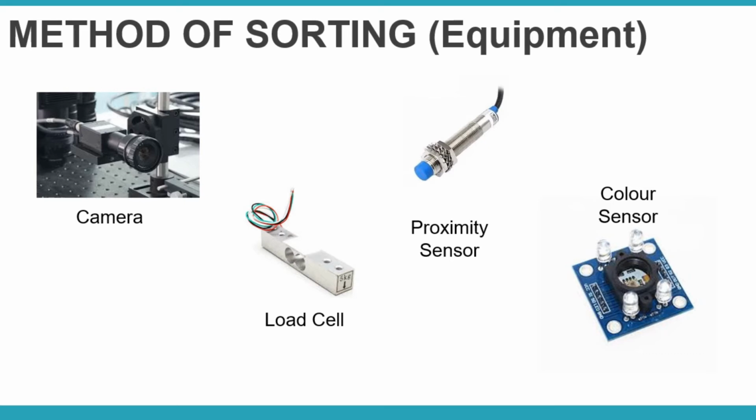Sometimes researchers use a camera to capture the items so that they can sort by color, shape or size. A load cell is usually used to sort goods by their weight, and the proximity sensor is usually an inductive sensor or capacitive sensor. An inductive sensor is used to detect whether the item is metallic or non-metallic, and the color sensor is used to sense the color of the object.